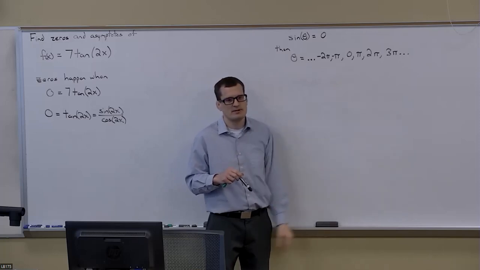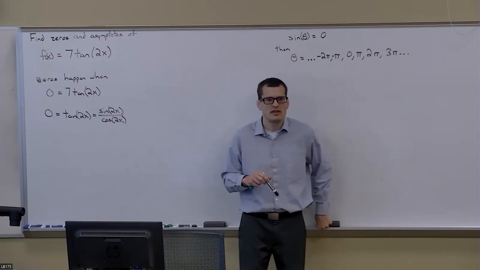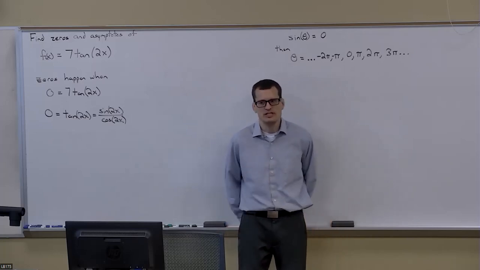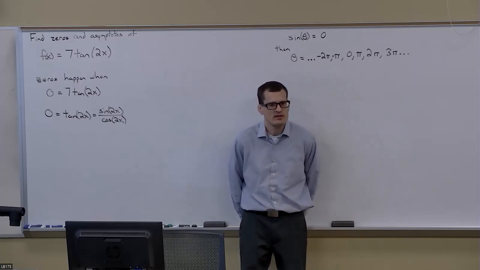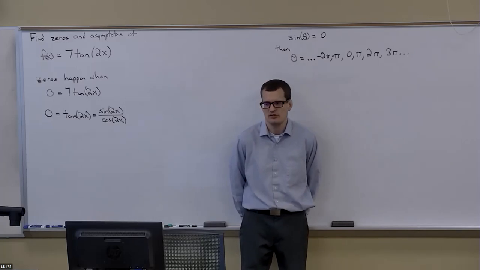Because that's the connection to the unit circle. That's the connection when we're dealing with calculus topics. We're typically talking about the function, f of x equals tangent of x or sine of x or cosine of x.